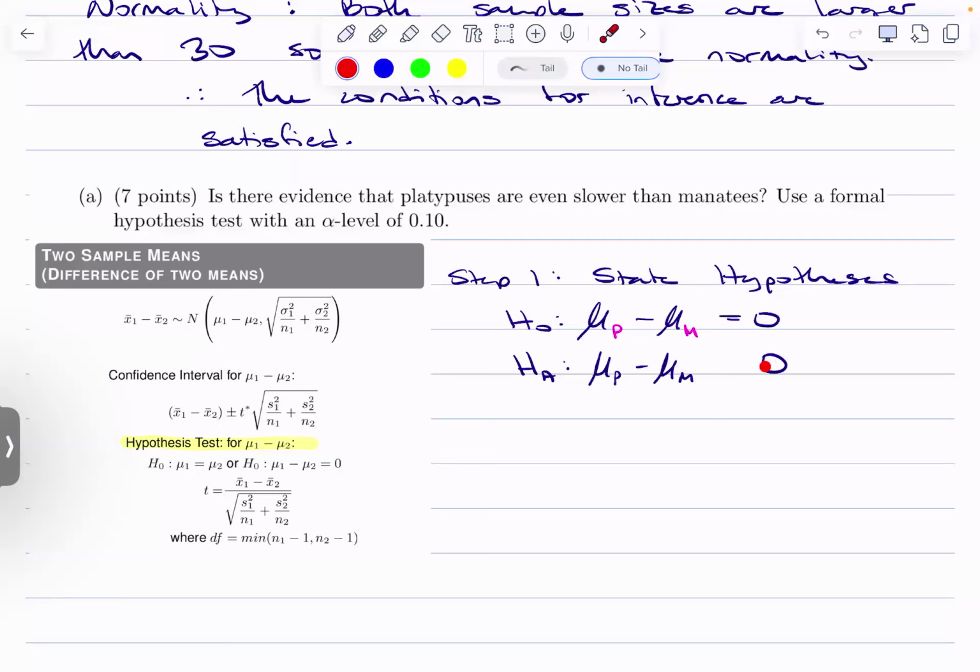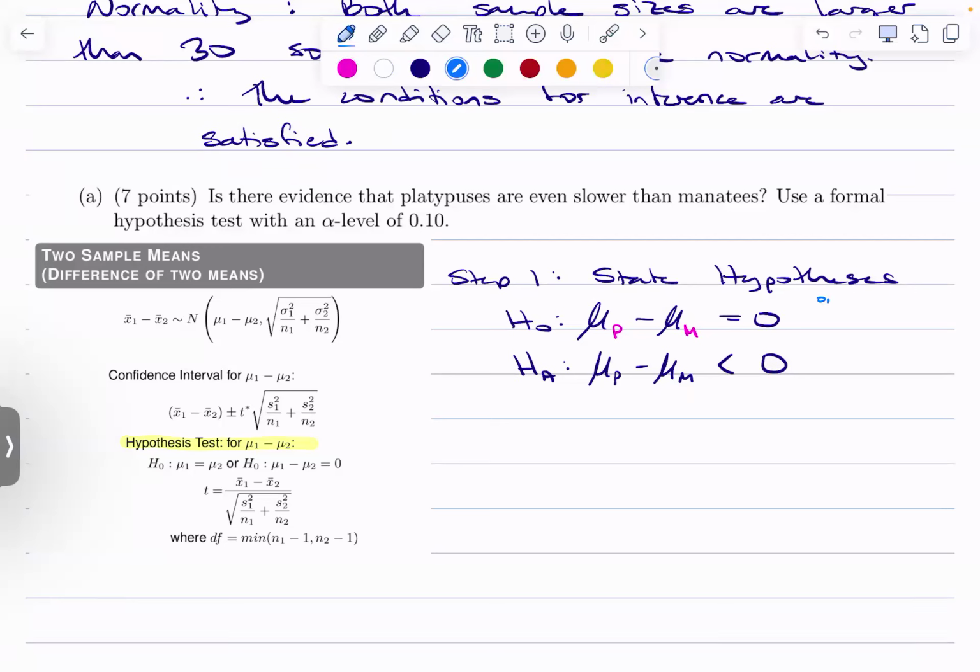But now I need to think about, if the mean speed of the platypuses is slower than manatees, that means that this value is always going to be bigger, right? And so then I'm subtracting, and I always kind of toss in fake numbers, right? 2 minus 3 makes a negative, right? And so then it has to be less than 0. Okay.